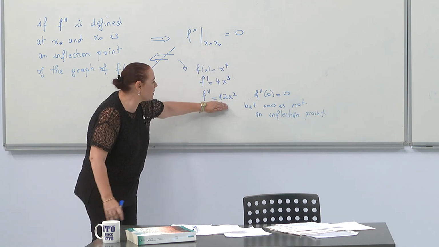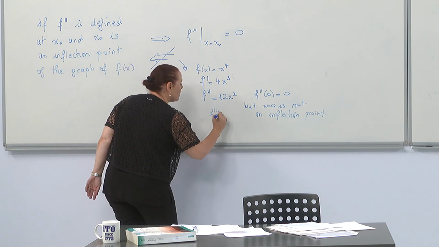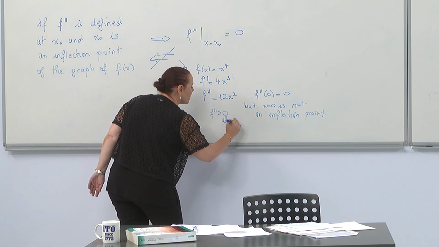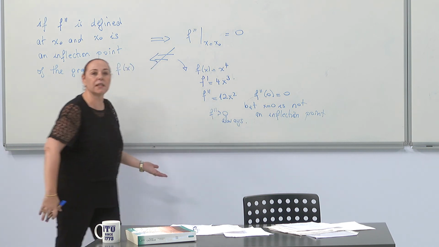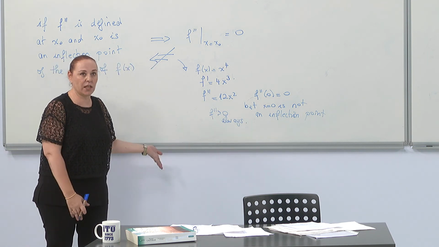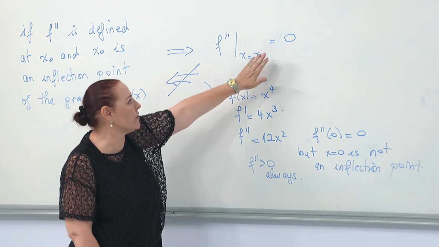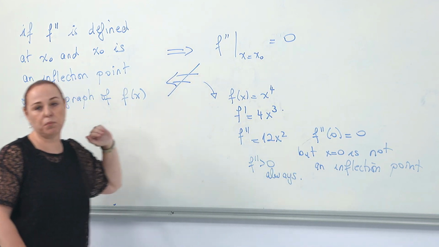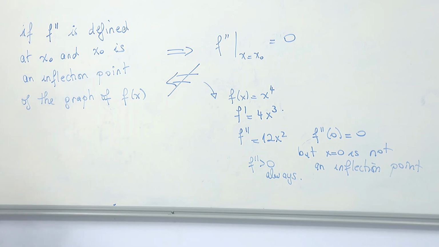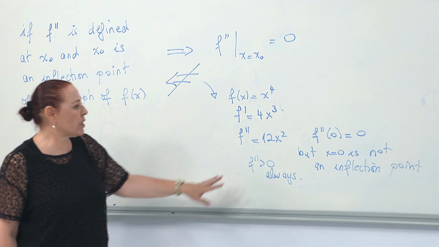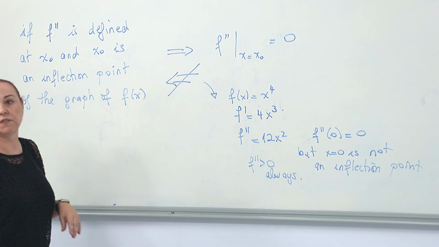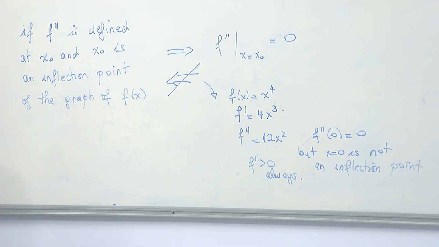Because the second derivative is always positive, so concavity doesn't change. So not all the points that make the second derivative 0 are inflection points. It's only a candidate for an inflection point if it changes the concavity of the graph.